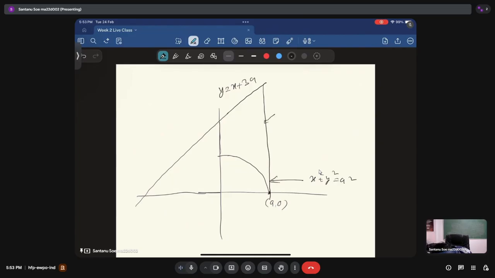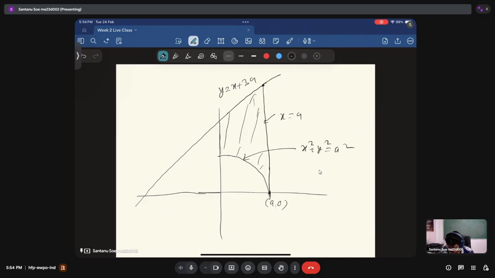So this is the line x equals a. So this is the circle x square plus y square equals a square. Okay, yeah. So now we can see that we have to do the integration in this region, correct? In this region.